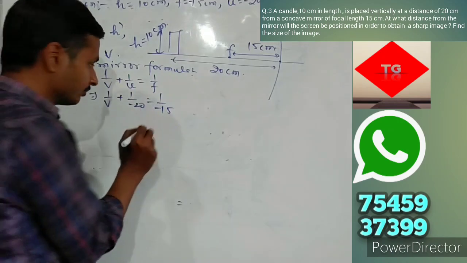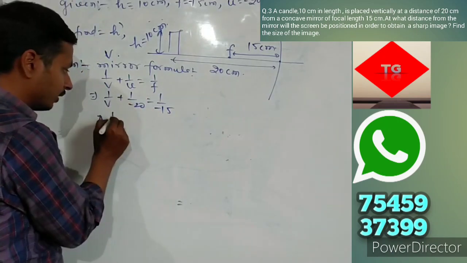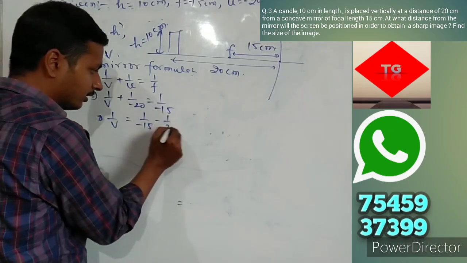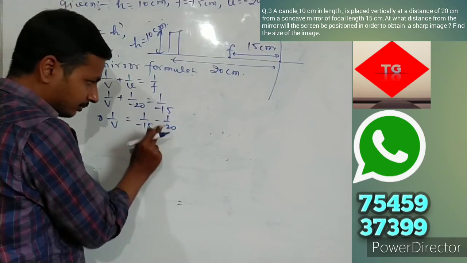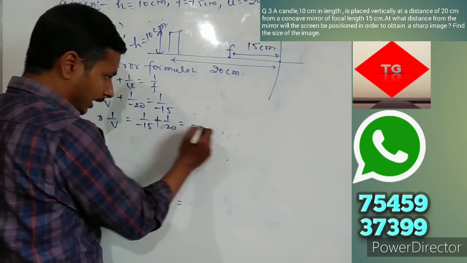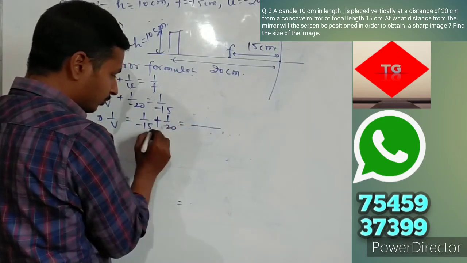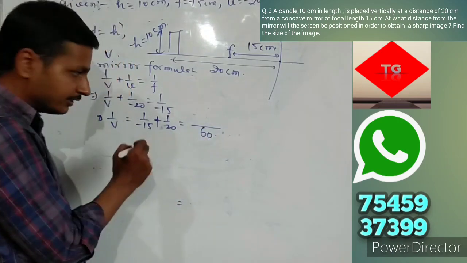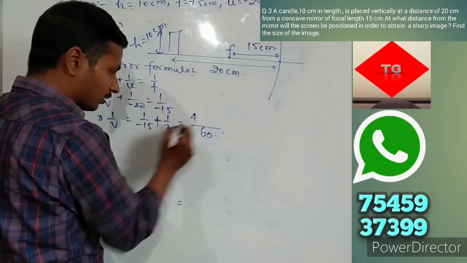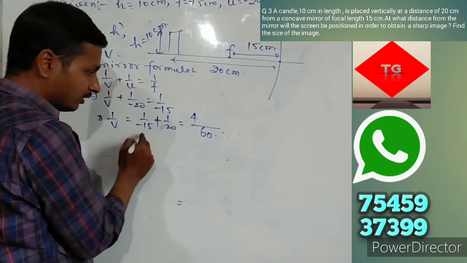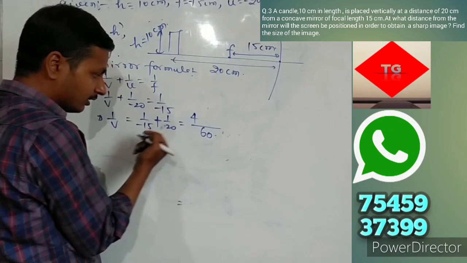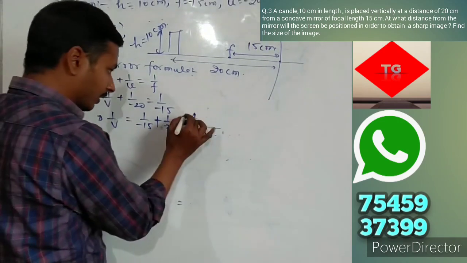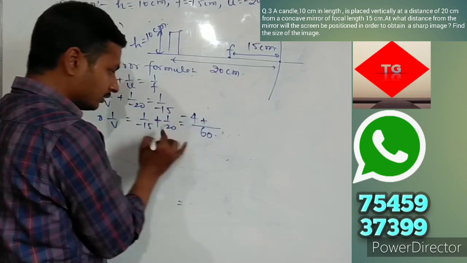After calculating, you will get 1 by v equals 1 by minus 15 minus 1 by minus 20. Then minus becomes positive. Now take the LCM of 15 and 20, which is 60. Dividing 60 by 15 you get 4. So minus 4 and plus 3.